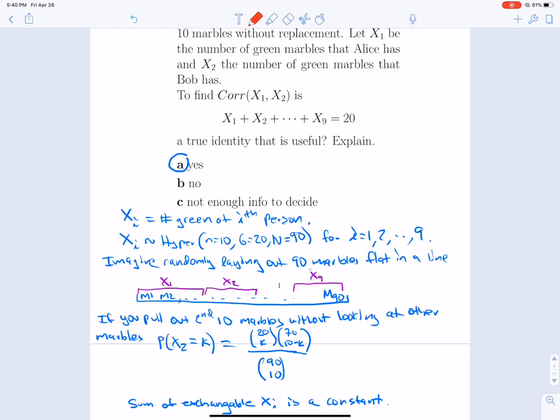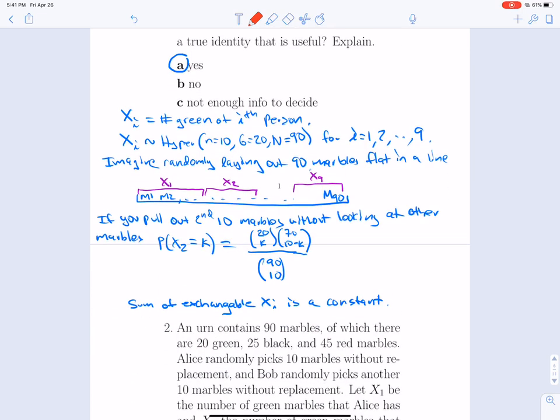We could just pull out those marbles without looking at any of the other marbles, and the chance that there are k green marbles would be 20 choose k times 70 choose 10 minus k over 90 choose 10. So x2 is hypergeometric.